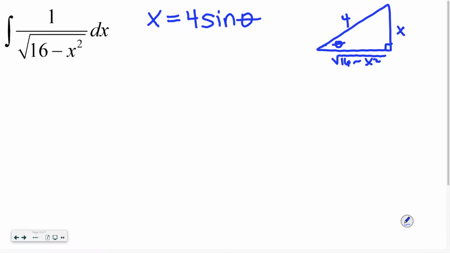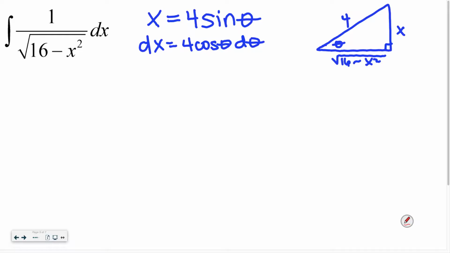Now, if we're going to replace x with 4 sine theta, I can't have a theta with a dx. So we also need to replace dx. What's this derivative? 4 cosine theta d theta. You're going to have to do your differentials. So now we can make our substitution.